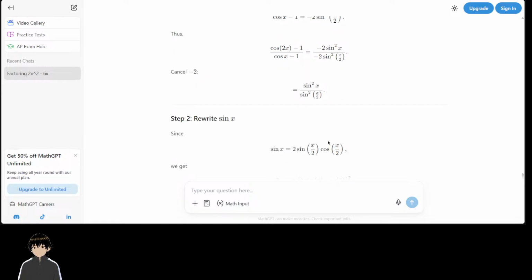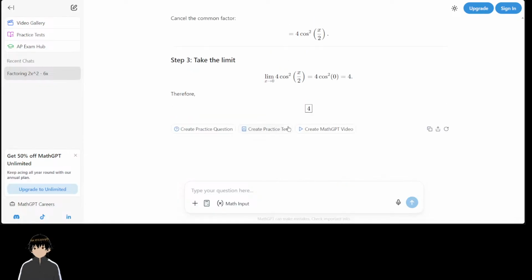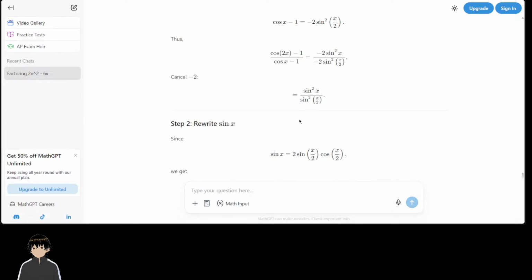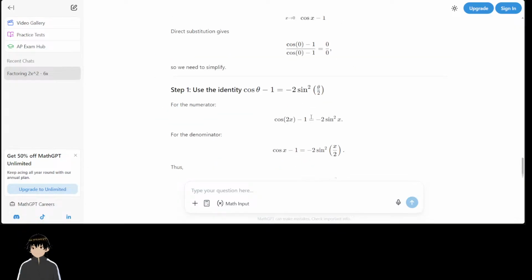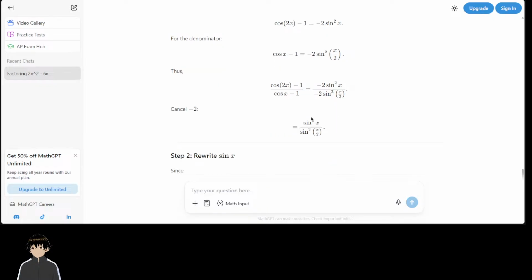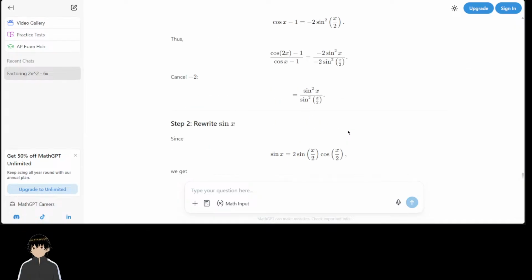I don't get it. Oh, is it like a cross multiplication?